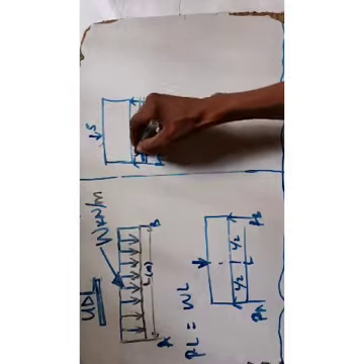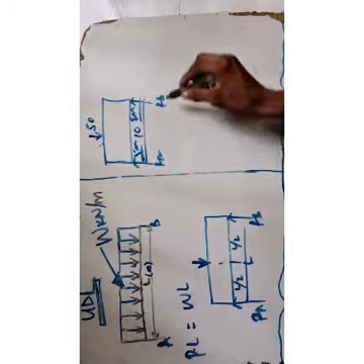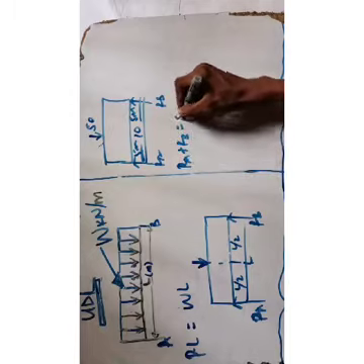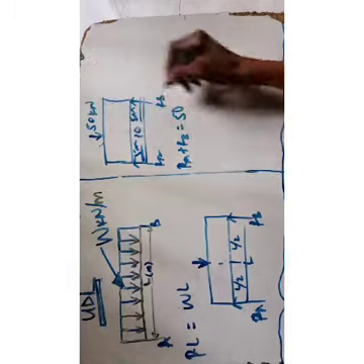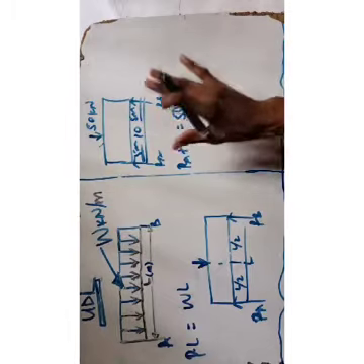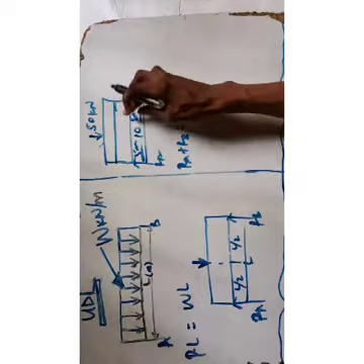From here to here will be 5 meter, so this is 50. So RA plus RB equals 50 kilo Newton, and you can make RA the subject of the formula. That is the first part. The second part is you take moments.